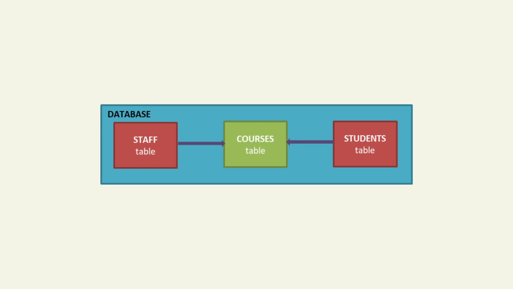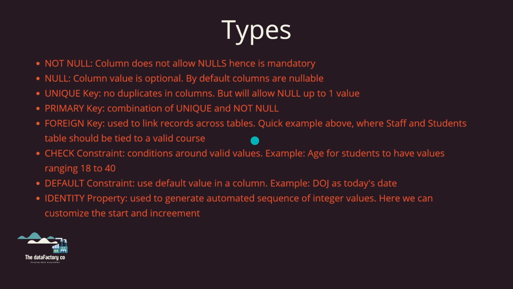It's mandatory that a staff has to register to impart lessons on at least one of the courses listed. All these relationships, for the staff to the course and the students to the course, are implemented via foreign key constraints. Let's move back to the previous slide. Perfect. Now, considering the foreign key constraint is clear, let's move on to the next one.